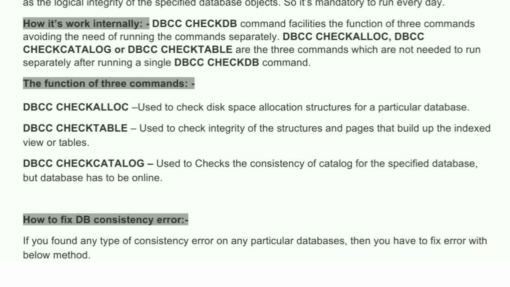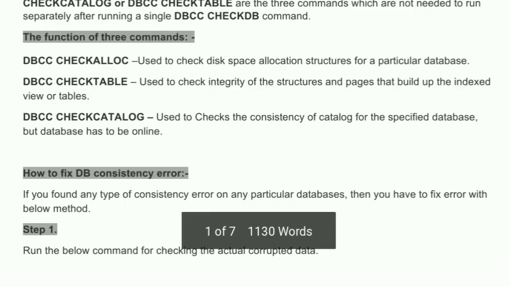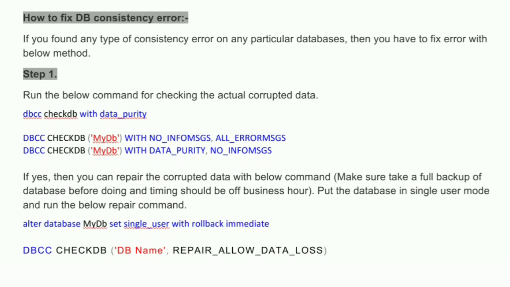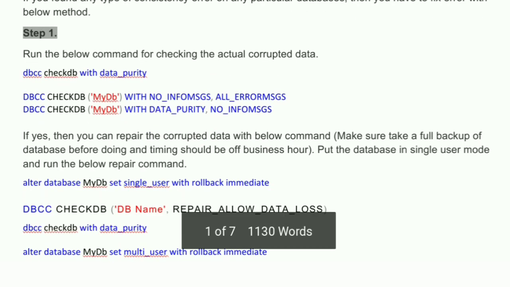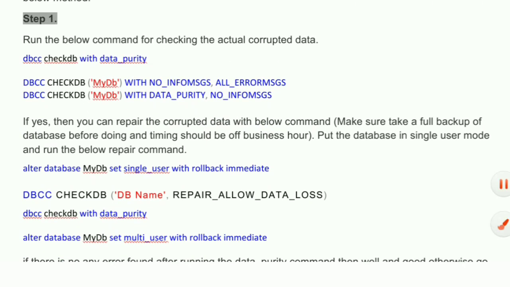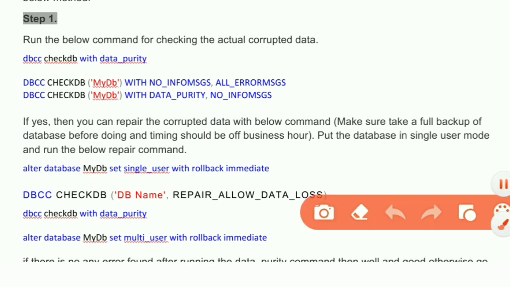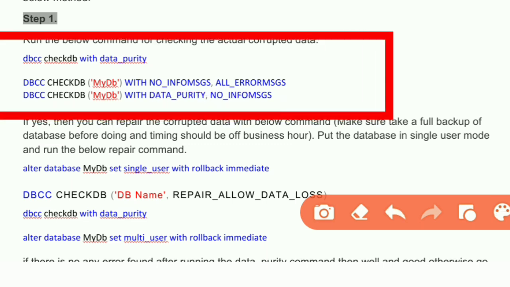Now the point is, if you are getting any corruption error in the DBCC CHECKDB command, how do you resolve it? For this you can go with this method. I'm not going to describe these commands individually. You can check DBCC DATA_PURITY and the below two commands.